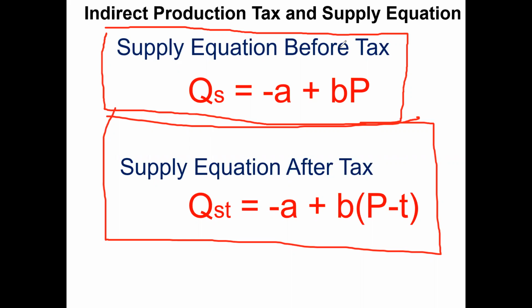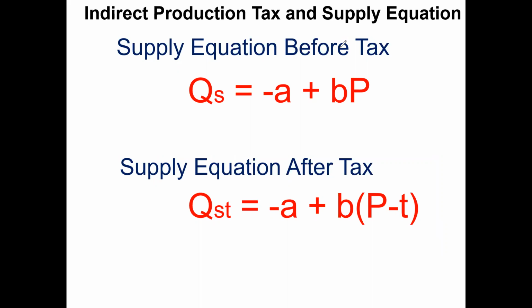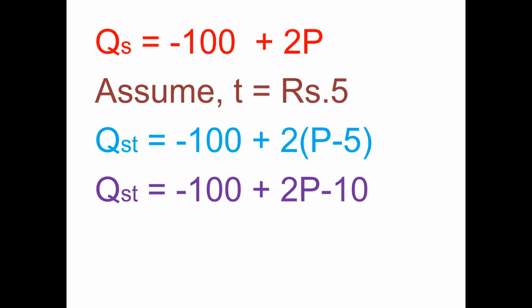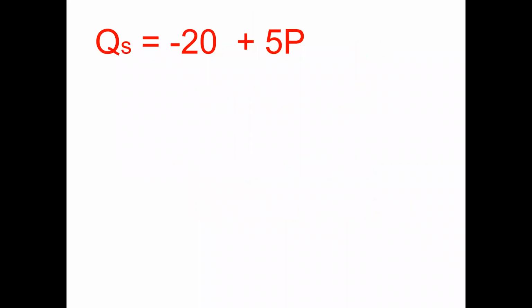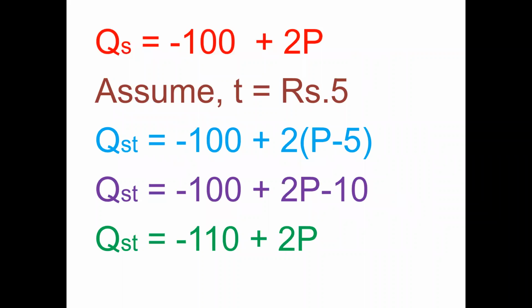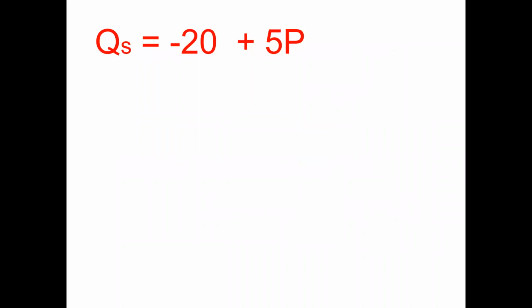Okay. Then on the right hand side, there's an example. Can you do it like this? This is not the example given there. The example given there is minus 20 plus 5p.